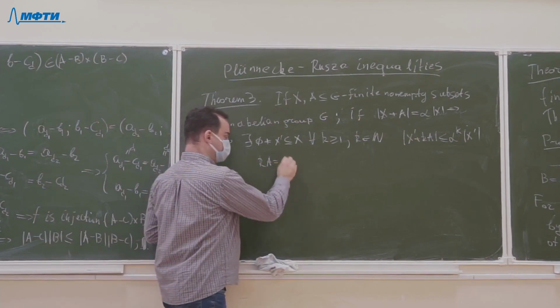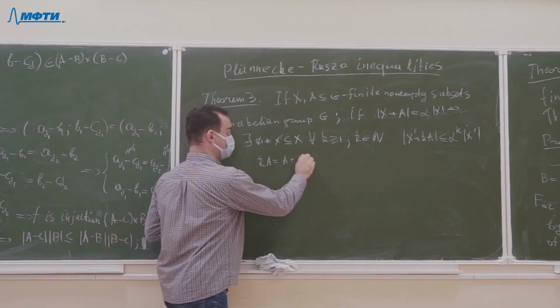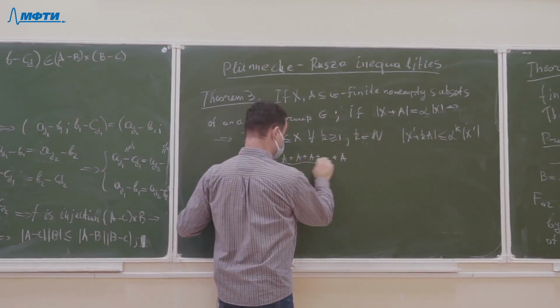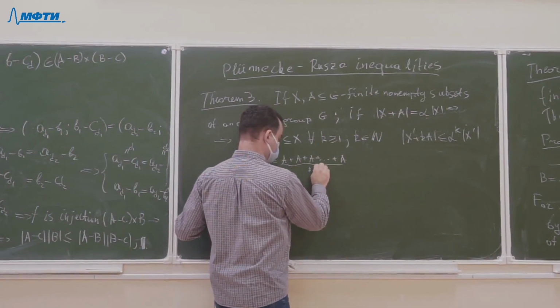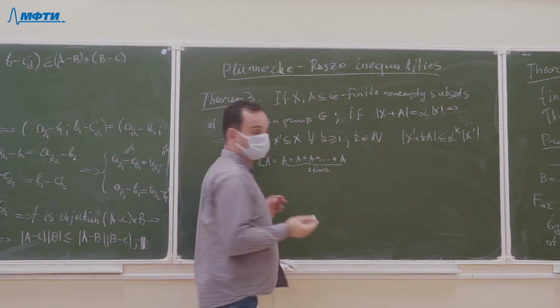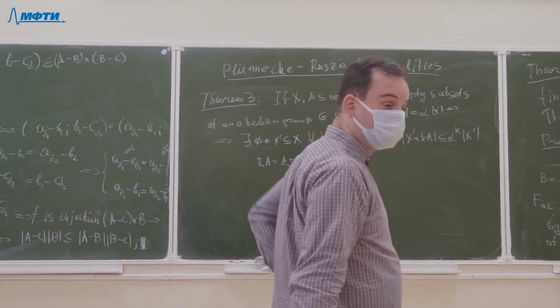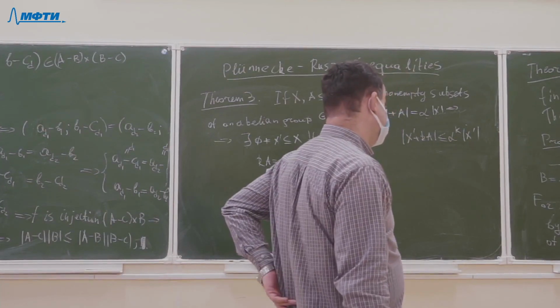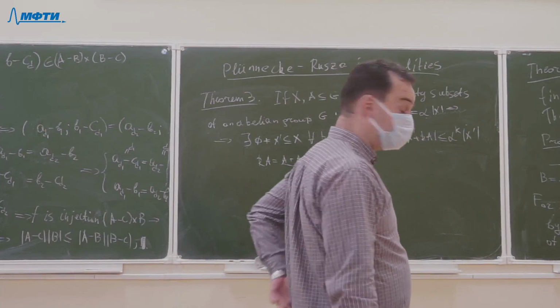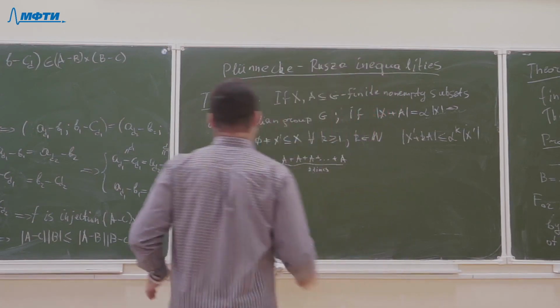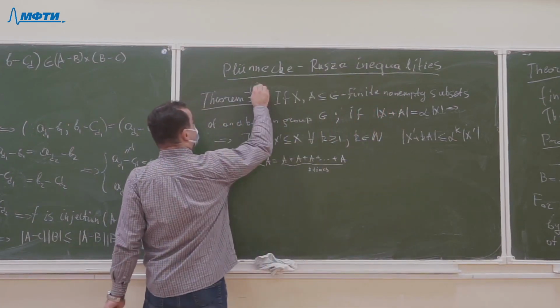It's a plus a, k times. That's why this is a partial case of the general inequality. Well, this theorem is proved by Petridis.